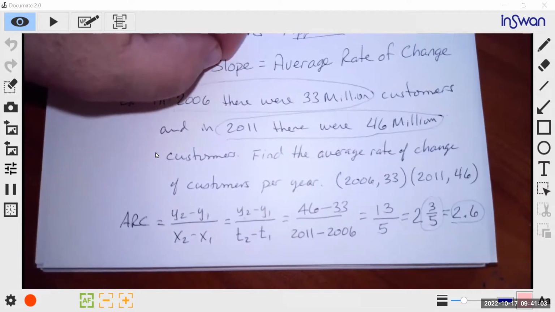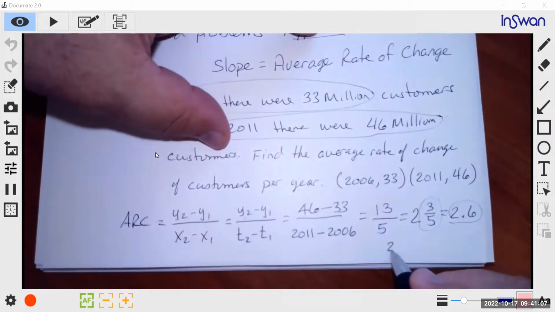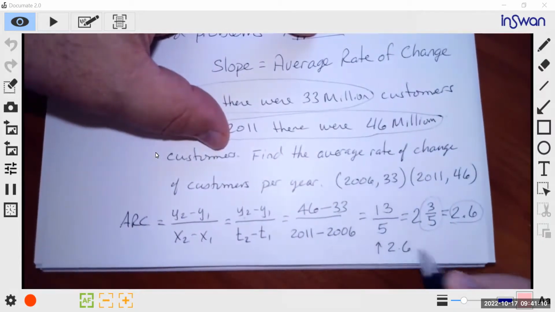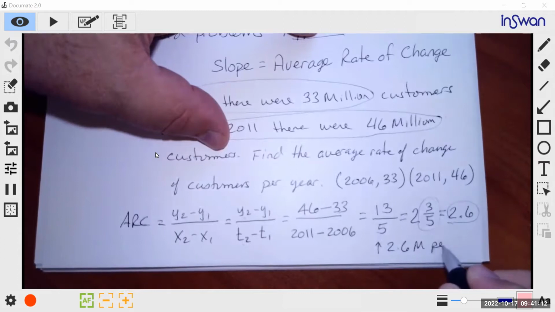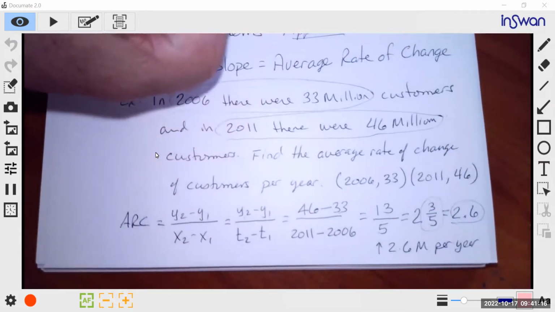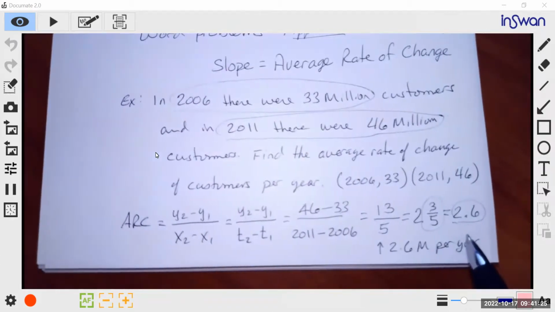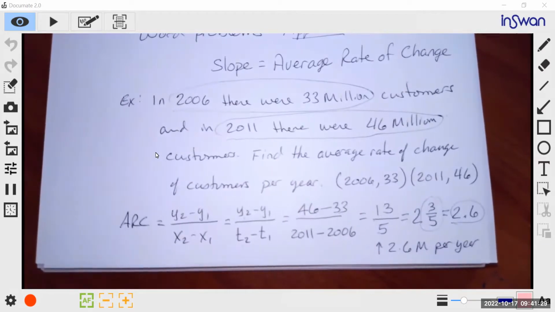It went up. It went up 2.6 million customers per year. So that's what it's saying. Since it's a positive number, it went up. This is per year. That's what average rate of change looks for.